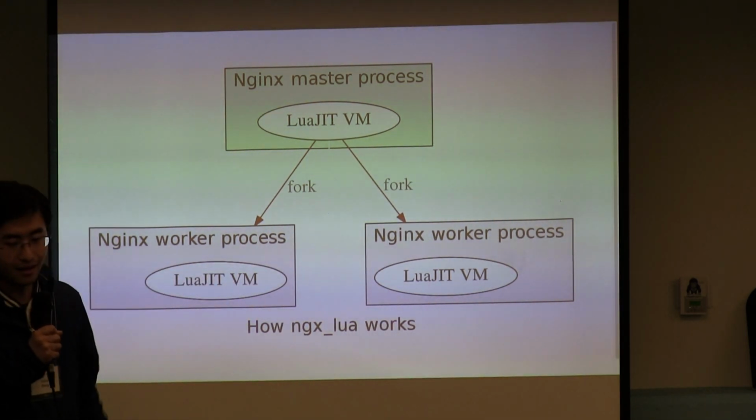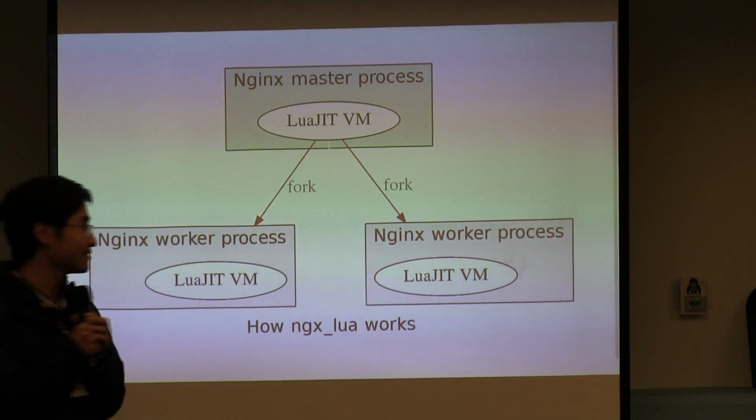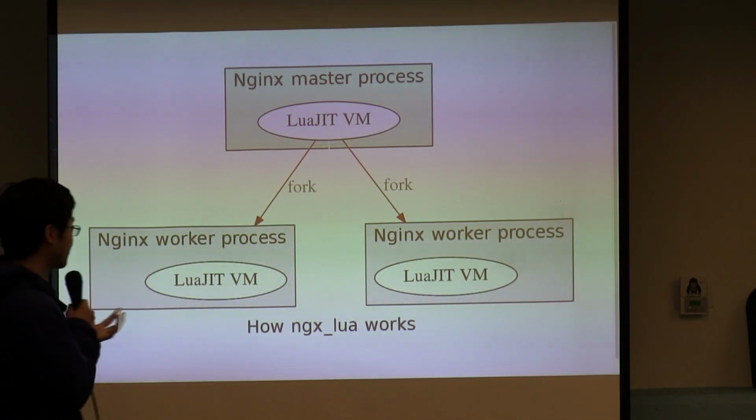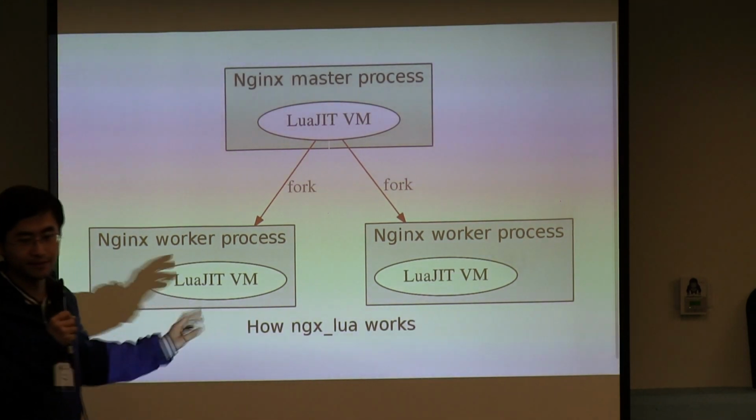This way, we can avoid wasting too many LuaJIT VM instances. And it's also possible to share state very cheaply across all the concurrent requests in a single worker process.